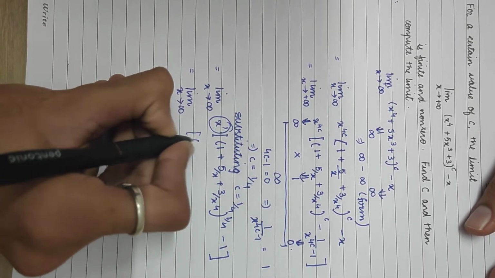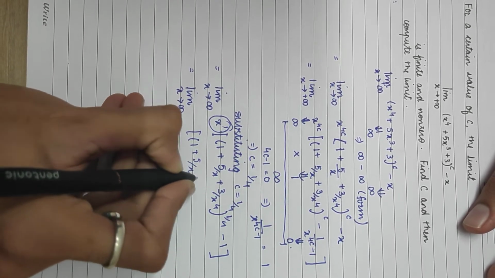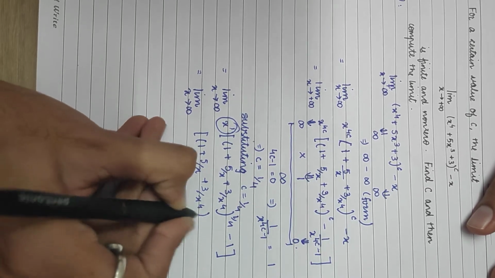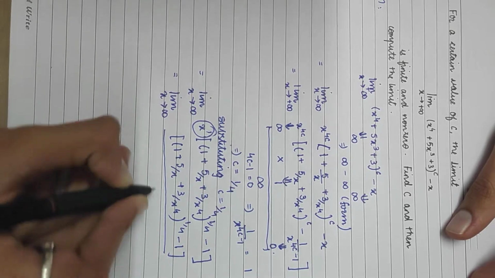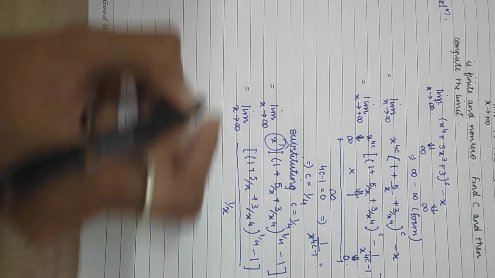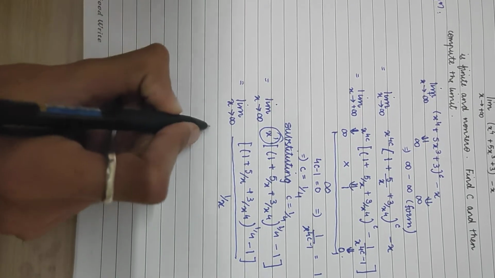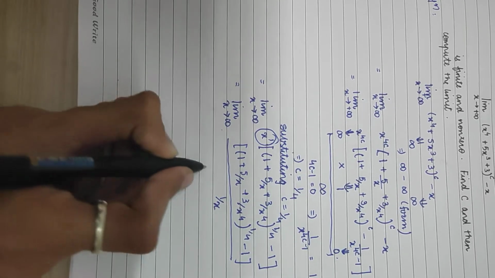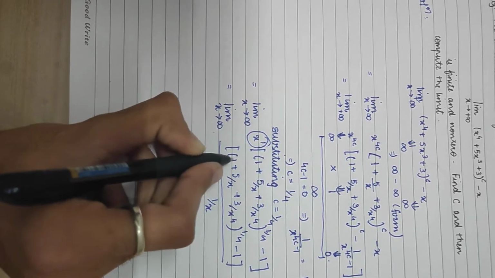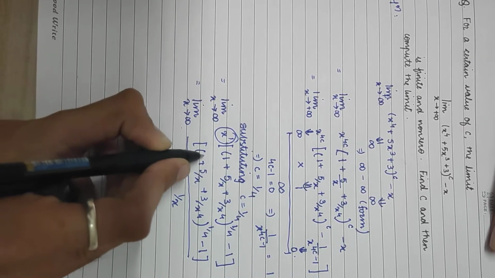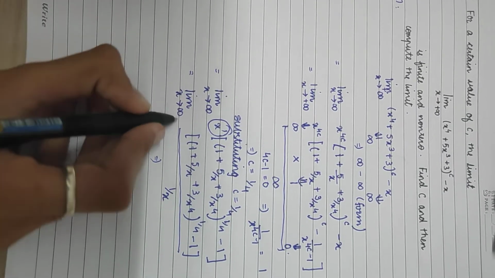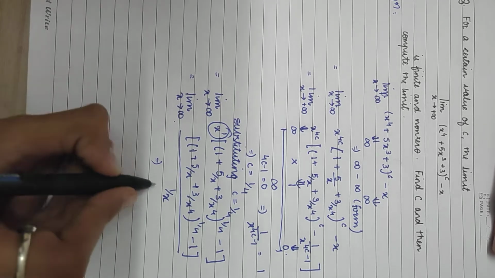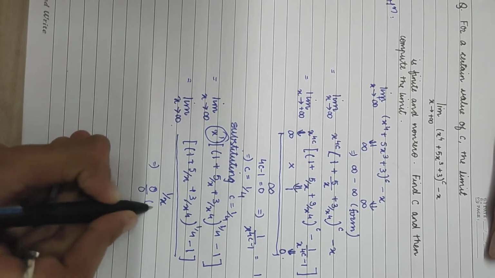So this whole thing will go to ((1 + 5/x + 3/x^4)^(1/4) − 1) upon 1 by x. Now it's quite clearly seen that as x tends to infinity, this is 1 minus 1, which goes to 0, since 1 to the power 1 by 4 is 1, and down it is 1 upon x, which will tend to 0. So it's 0 by 0 form now.